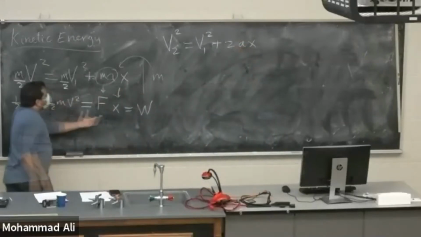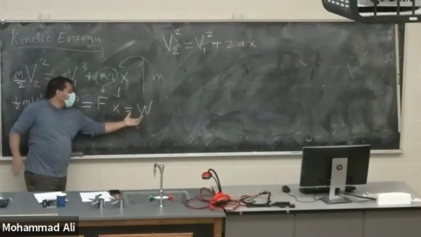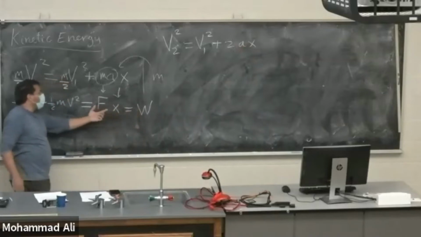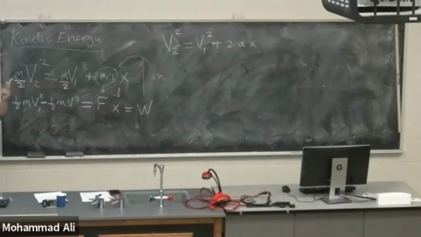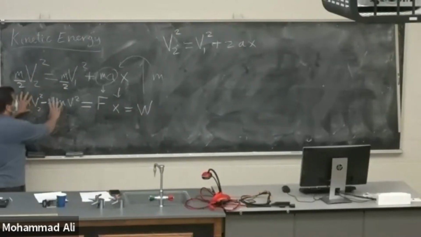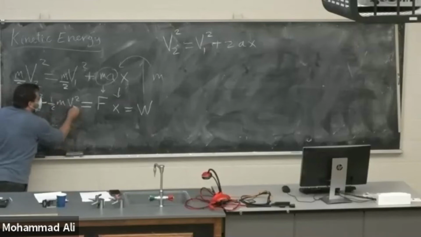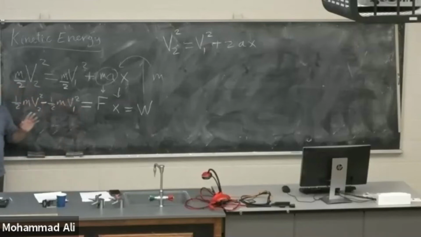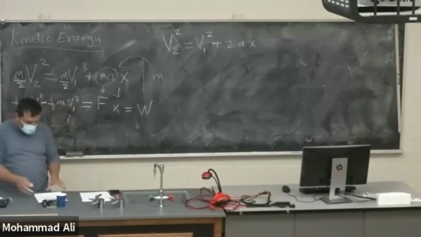Okay. The work is measured by joules. The work is the difference between 2 quantities: 1/2 mv2, or v final squared, minus 1/2 m v1 squared. It is a difference between 2 quantities, finally and initially. Each term of these, we need to name it in physics, as we always do.